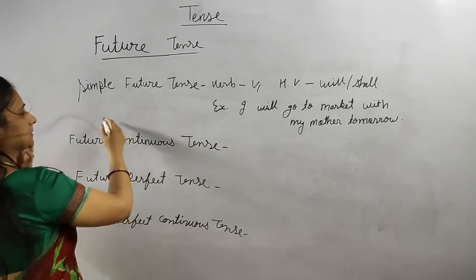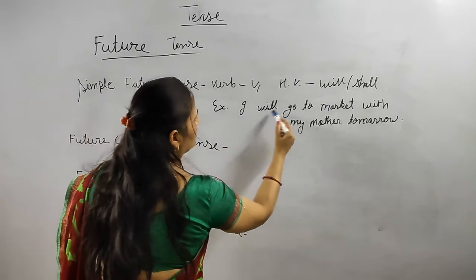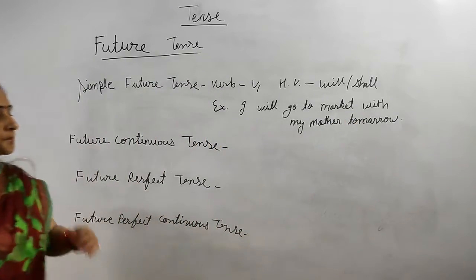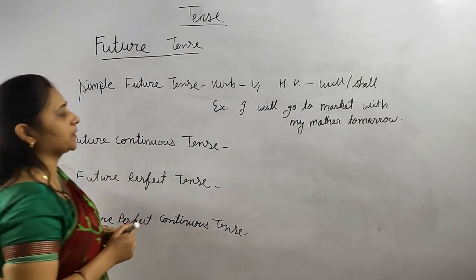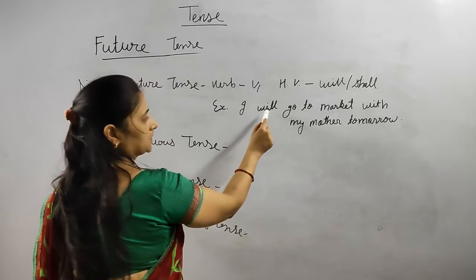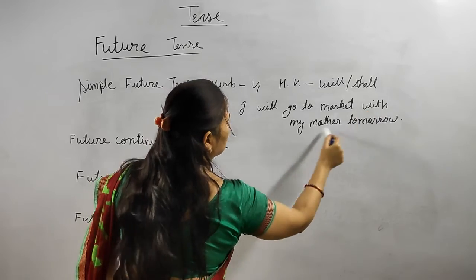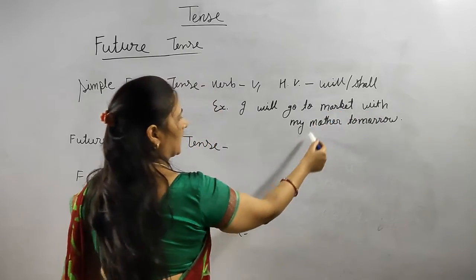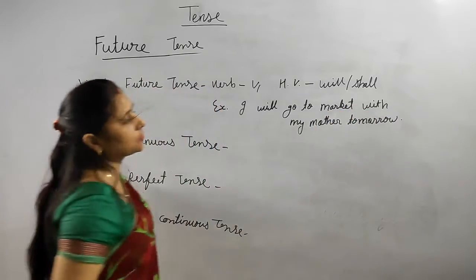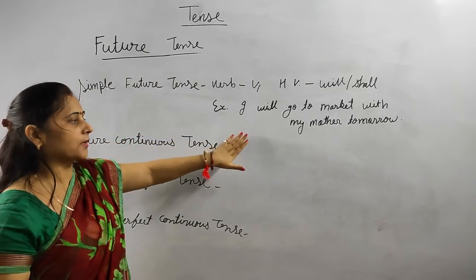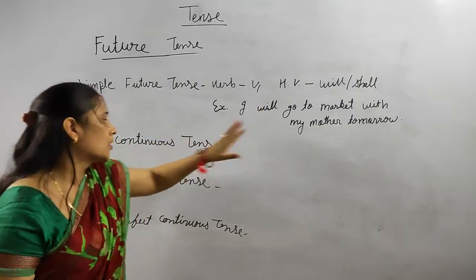So in that way, this is an example of simple future tense. Already I have explained to you subject, then helping verb, then first form of the verb, then object, direct object, indirect object, and the others and complements. So in that way we will use. Now negative and interrogative you can change by your own.